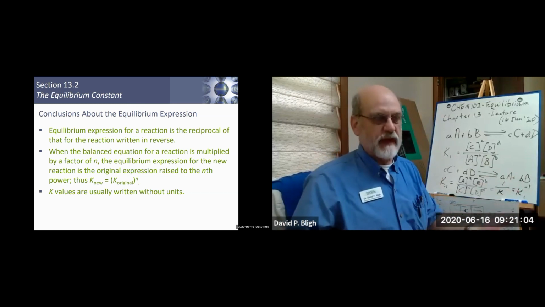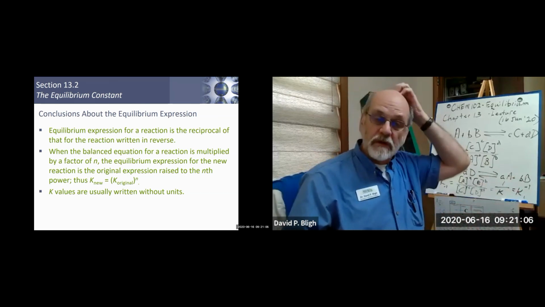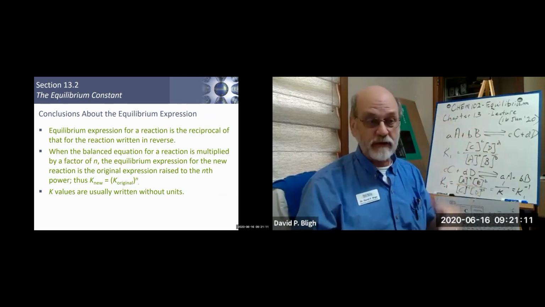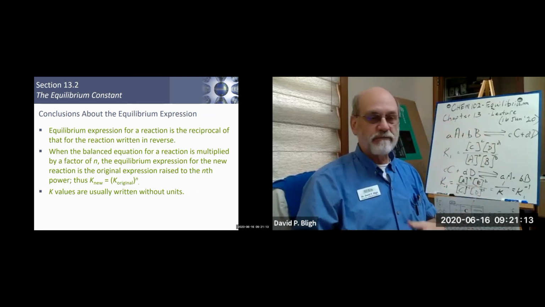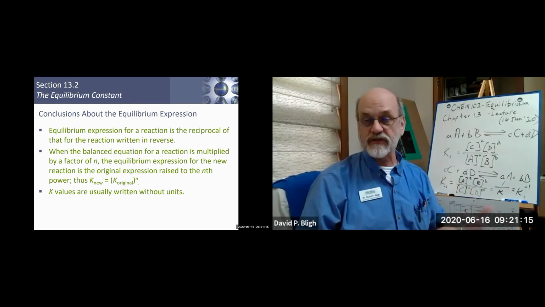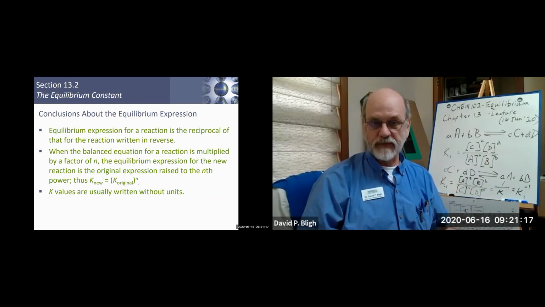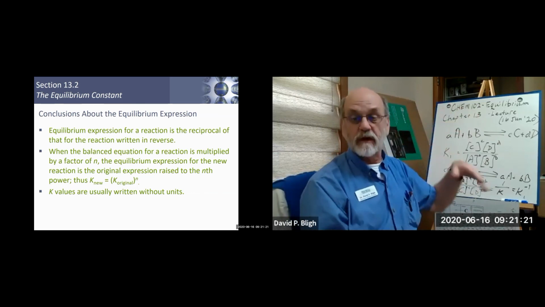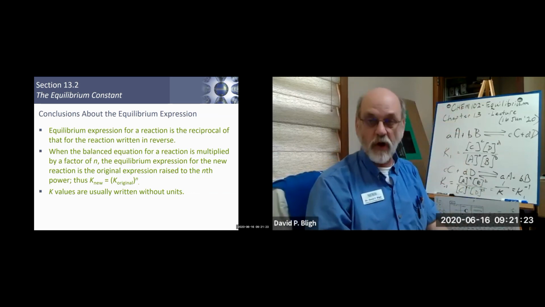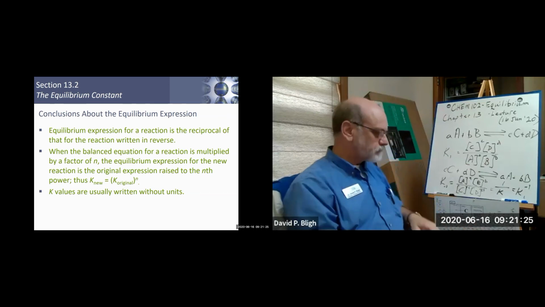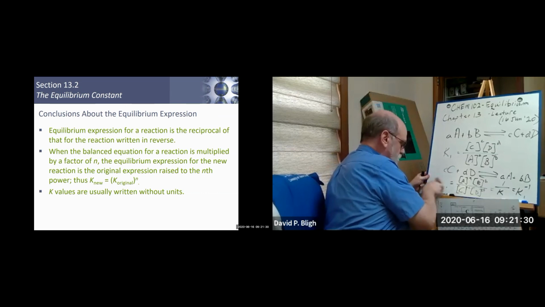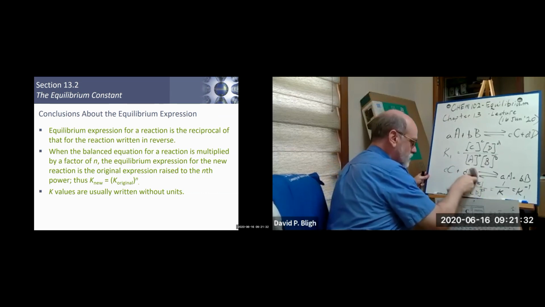Let's imagine another scenario where, when you're adding reaction equations together, you need to multiply your equation by a constant value in order to have enough of something to add together and produce your target equation. If that's the case, we have another scenario here.